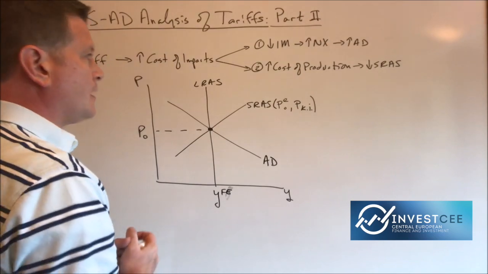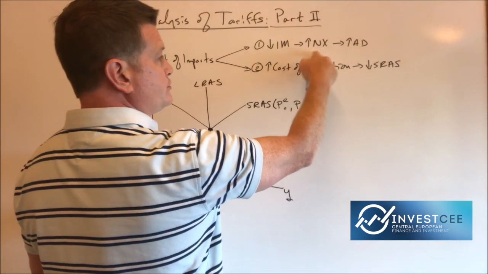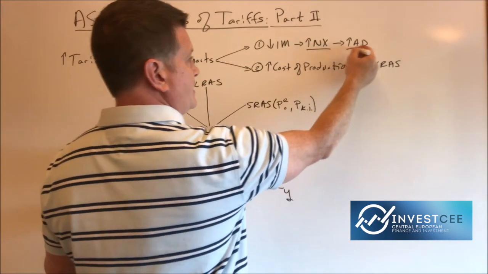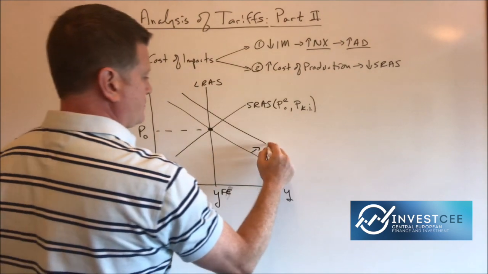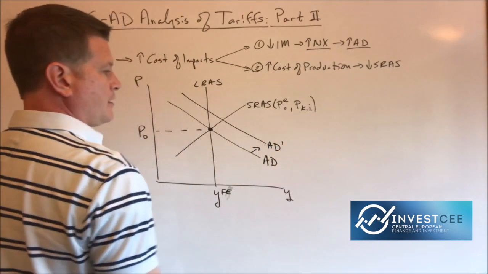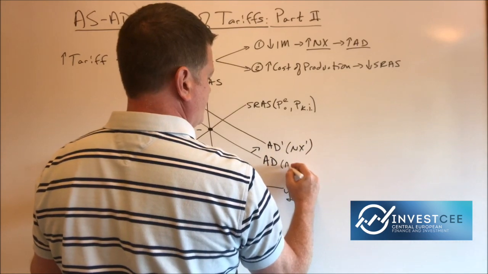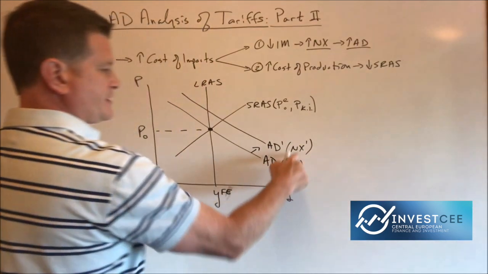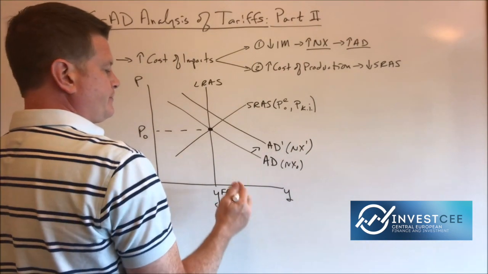Now, effect number one decreases imports and boosts net exports, which increases aggregate demand. And we will just label that so we can see what changed in aggregate demand. It was the net export piece that boosted.